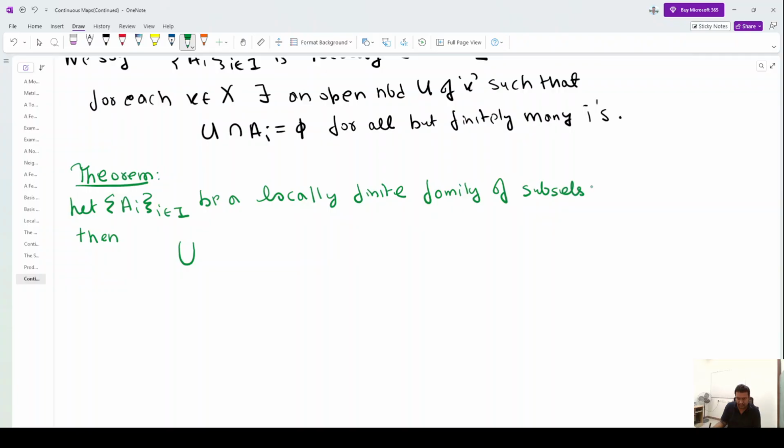Subsets of X. Then if you see this union, see what is A_i closure? The A_i closures are now closed sets, right? So this arbitrary union of these kind of closed sets will become closed. Now I think you can answer this question.